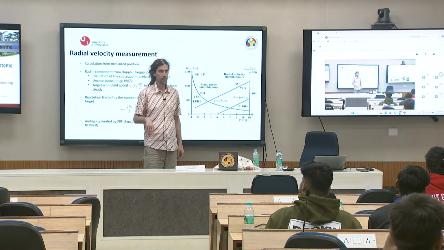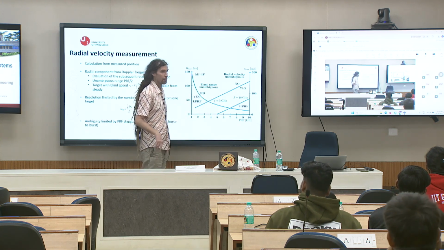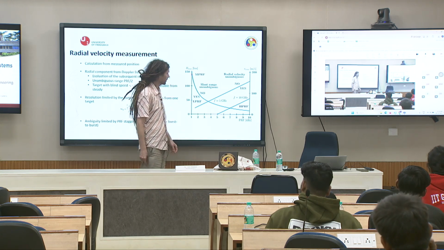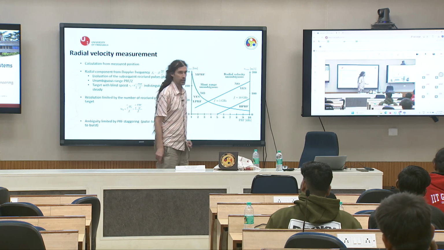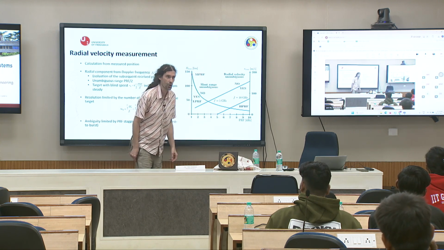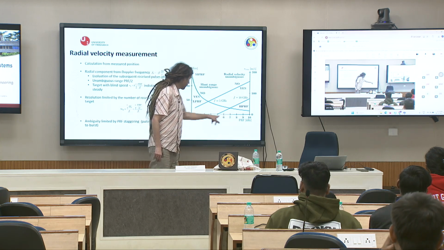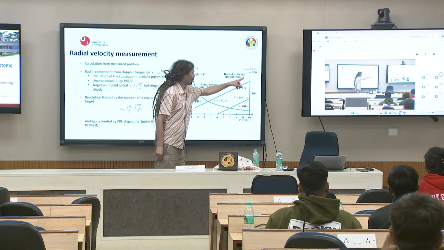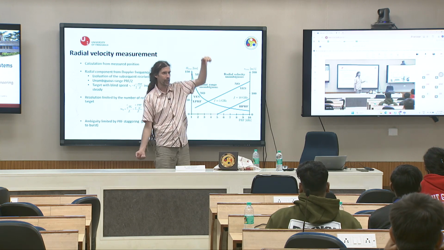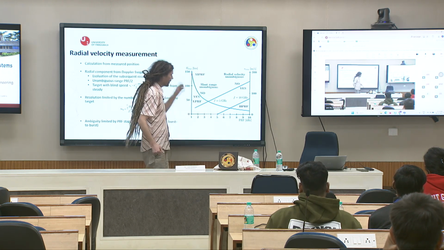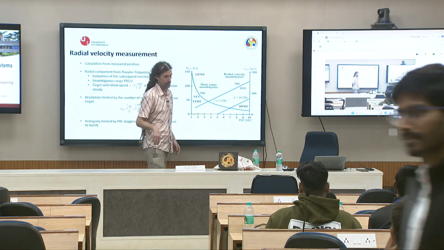Good. But what about radial velocity? Unambiguous, because it is the same principle. Lower PRF, lower unambiguous range. So it is just the opposite. It is bad.